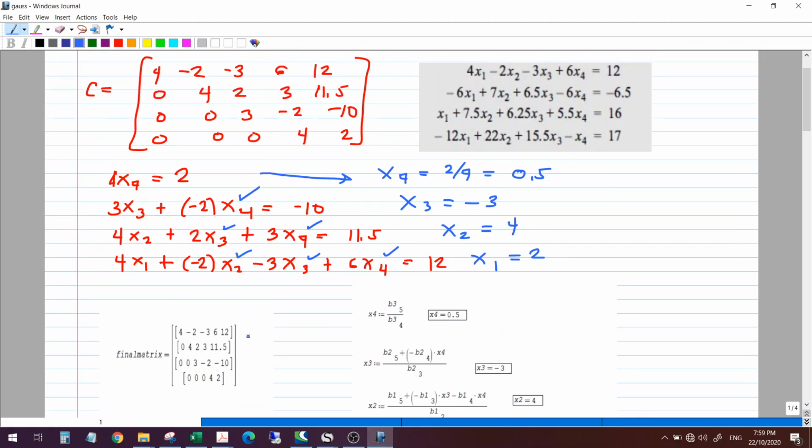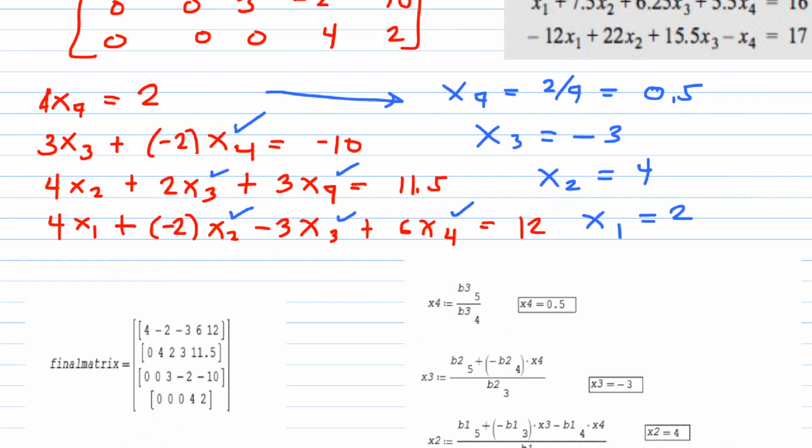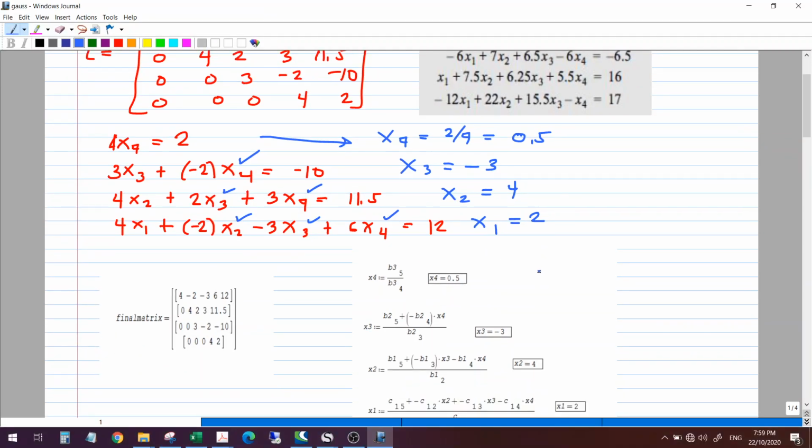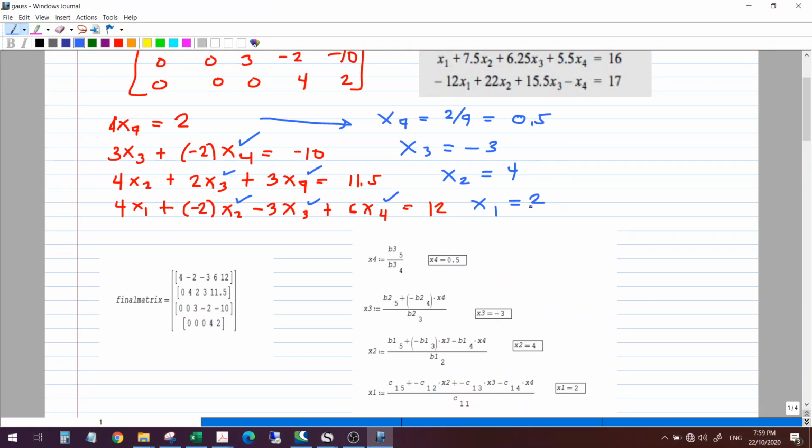There, right? So 4, negative 2, 4, 2, 3, 11.5, 3, negative 2, negative 10, 0, 0, 0, 4, 2. So I got the same answer using SMAT: 0.5, negative 3, 4, and 2.